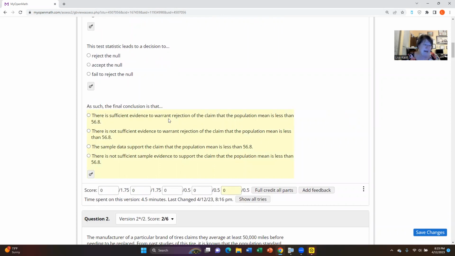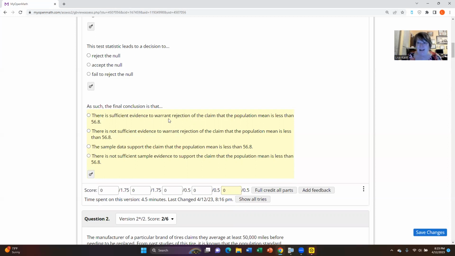Since I'm rejecting the null hypothesis, my sample is significant, so there is sufficient evidence to warrant something. What is the sufficient evidence? The sample data supports the claim that the mean is less than 56.8. So if I reject the null, I accept the alternative.